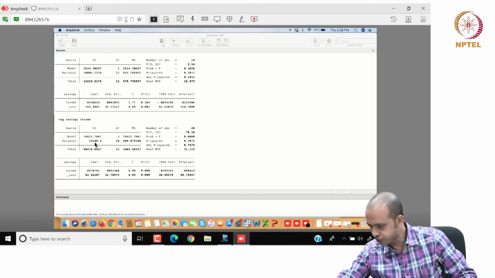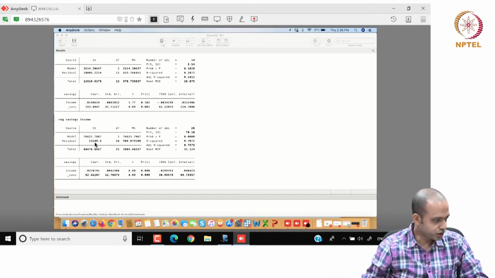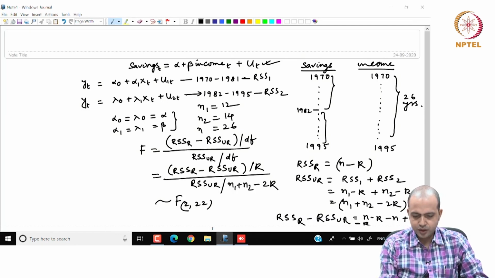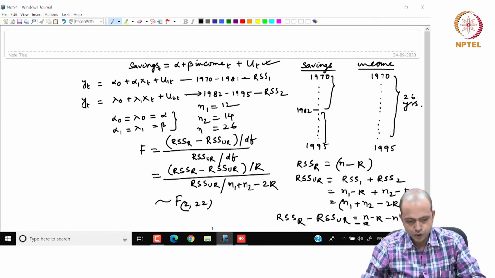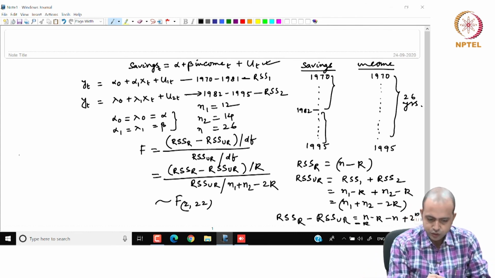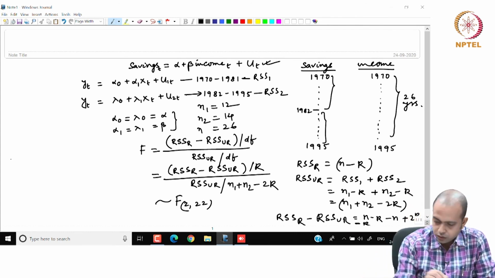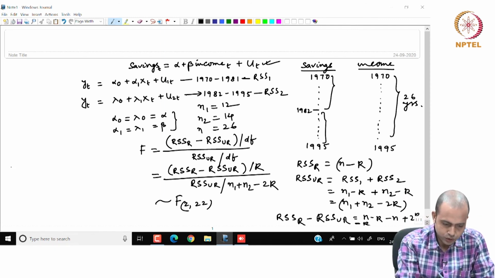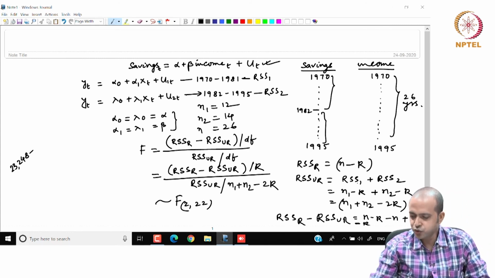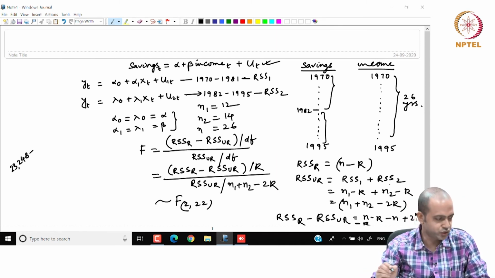So, we have to go to that formula. Here the restricted RSS equals 23,248. So, I will use this: 23,248 minus RSSUR. RSSUR is basically RSS1 plus RSS2.